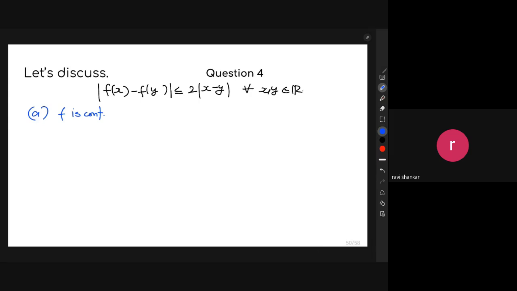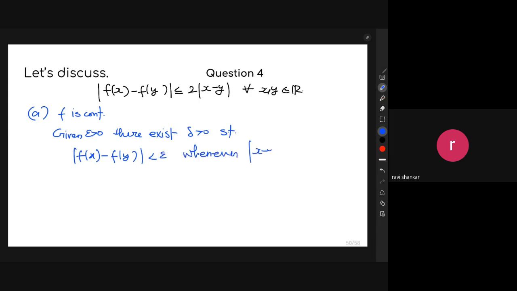That means for a given epsilon greater than 0, we need to find a delta such that |f(x) - f(y)| is smaller than epsilon whenever |x - y| is smaller than delta.